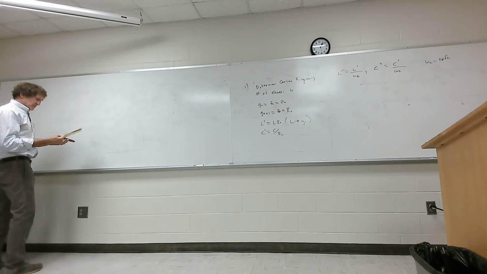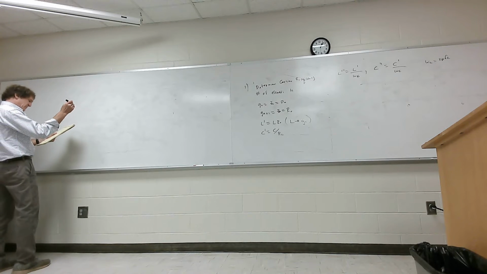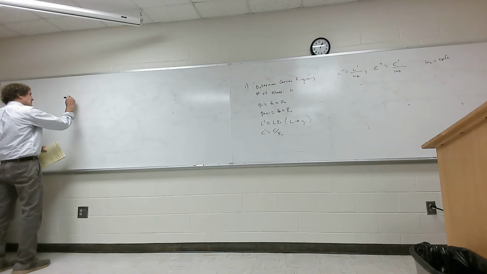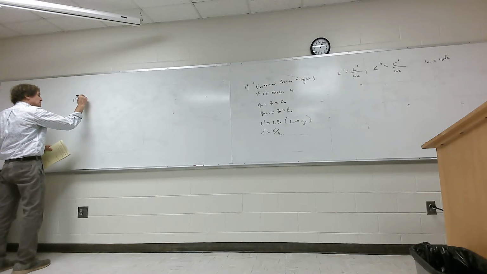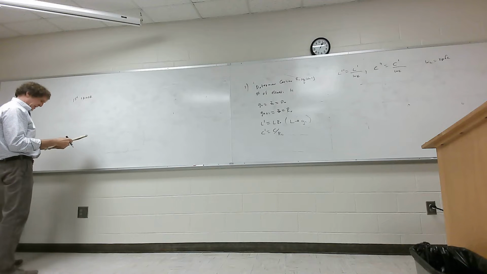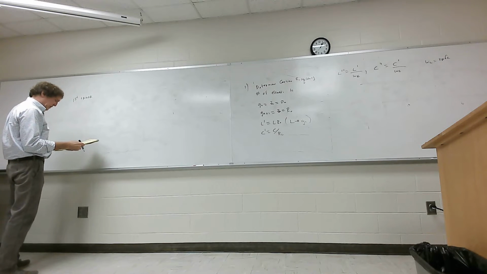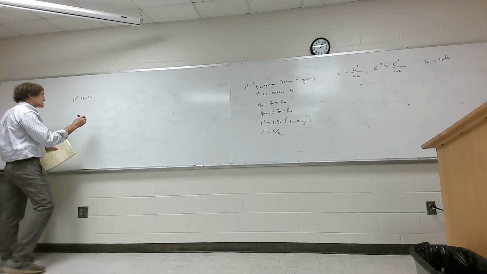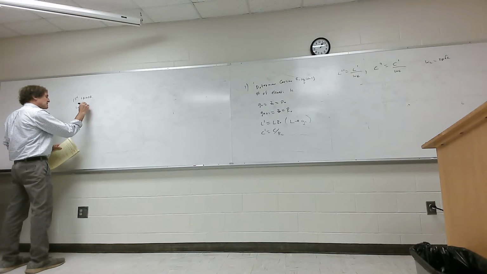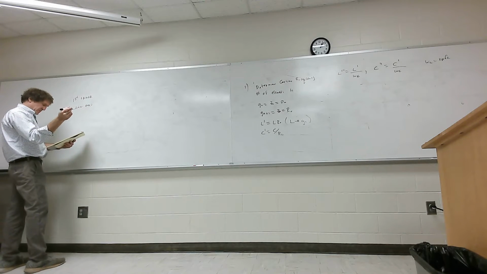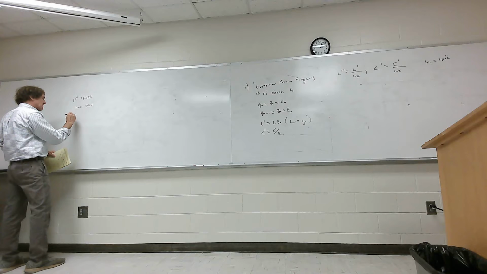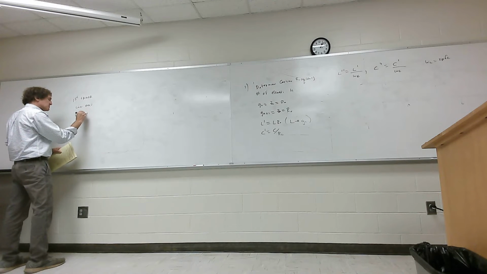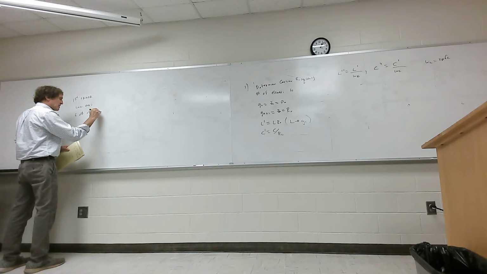Okay, so here's an example. Design a first order low pass filter. And he wants 3 dB of ripple.